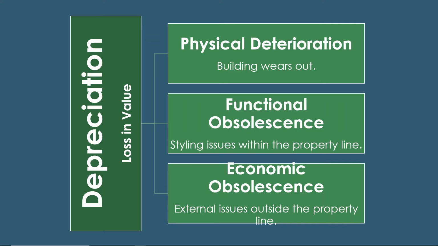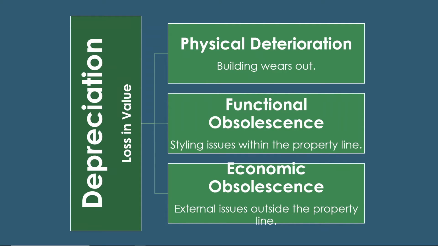Maybe the county is building a major road right near you, and that's going to cause a noise issue. Maybe flight paths changed, so now you have airplanes going over you. Stuff that's out of your control, and it's really hard to fix because it's not within your property line. So physical deterioration and functional obsolescence can be costly to fix. Economic obsolescence is out of your control, so it's very hard to fix.